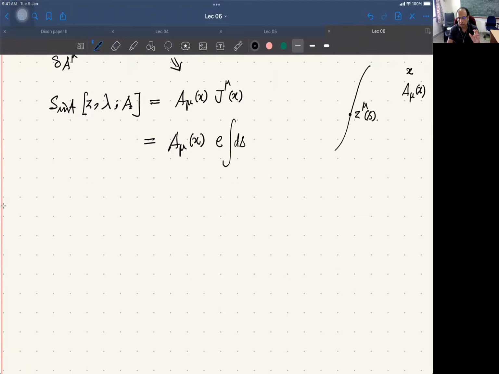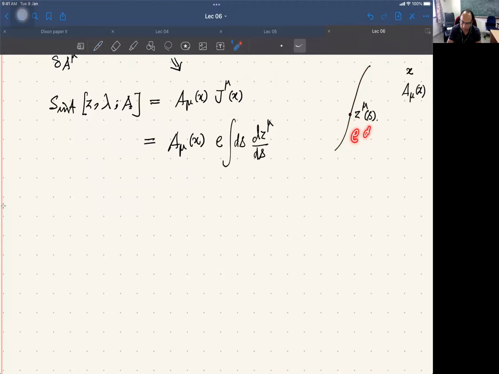So the current is E times the velocity, dZ mu ds, but you are supposed to write a four-dimensional field, right? You know that the current is supported only over the trajectory, in which case the current is basically E times dz ds.